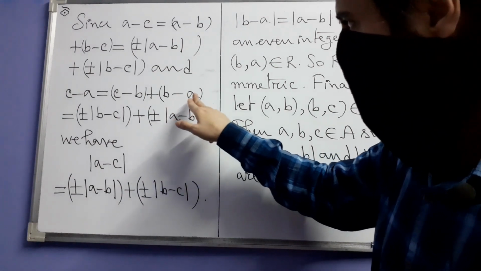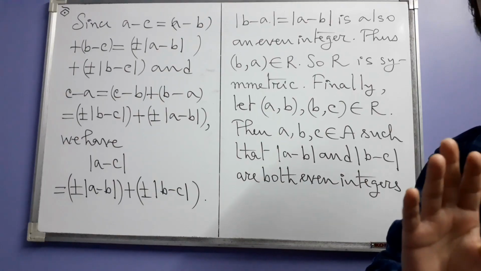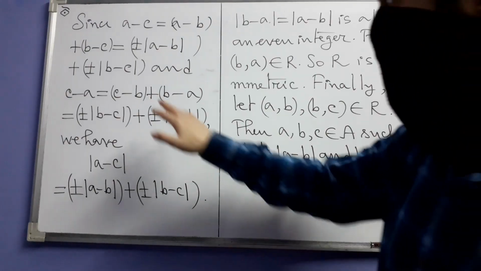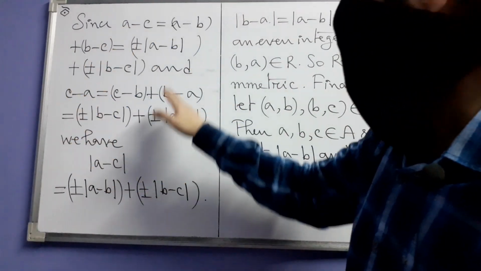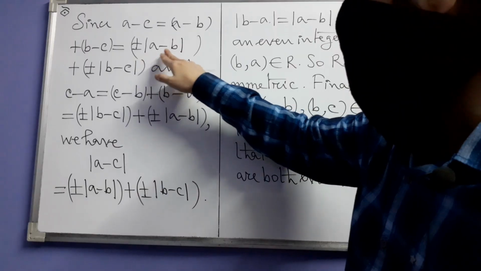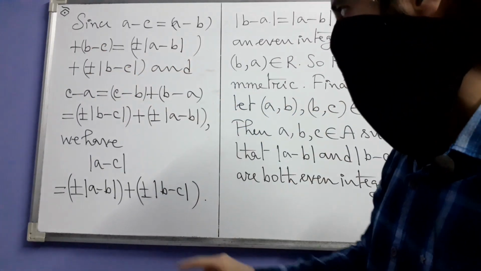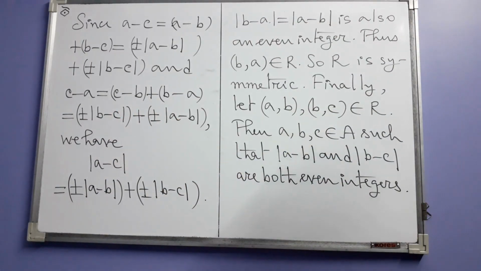Just like that, b minus a is plus or minus mod b minus a, but that is also plus or minus mod a minus b. So we see that both a minus c as well as c minus a are equal to plus or minus mod a minus b plus or minus mod b minus c.